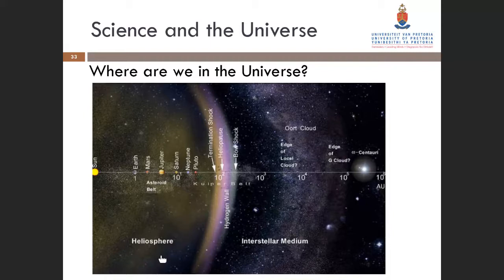So the heliosphere is our own solar system. So right here we get to the interstellar medium or interstellar space. So how dense is the Oort cloud? That's something I cannot say from memory, so I have to look it up for you as well.